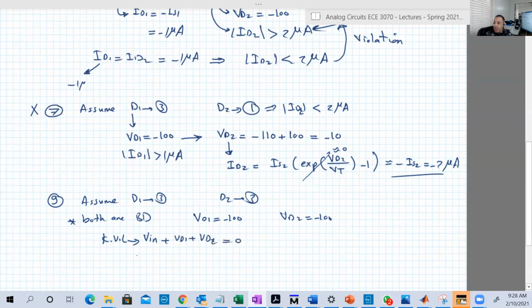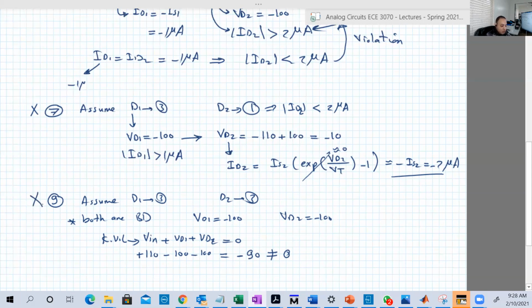But what we have is minus 110, minus 100, minus 100, I'm sorry, this is plus. So this will give us minus 90. This doesn't equal 0. That's also proof that this is a wrong assumption.